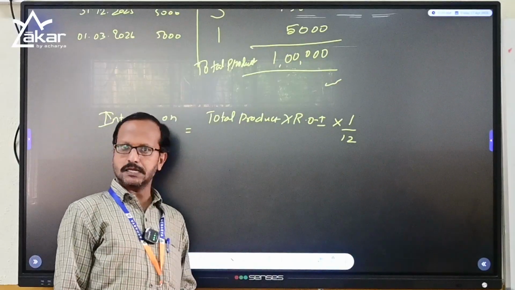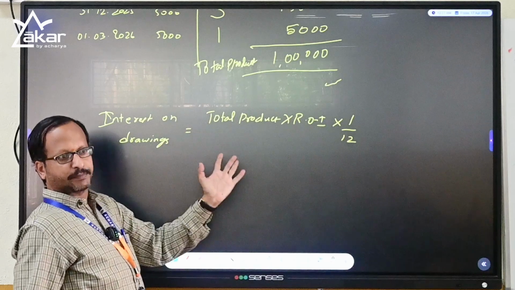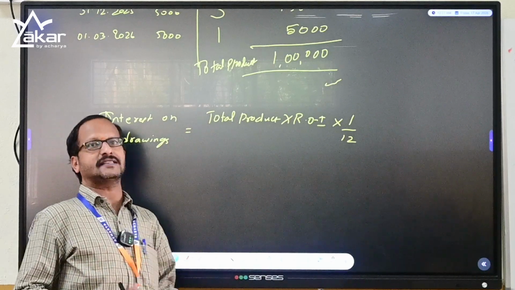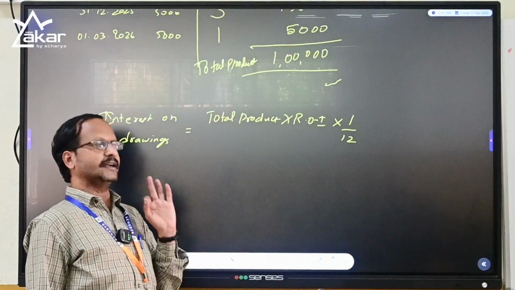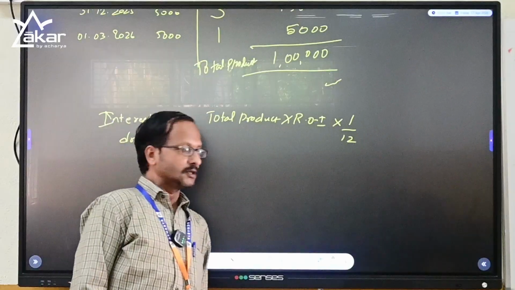What is this 12? Product, the value which we have multiplied and got in the previous step is called total product, and the rate of interest is the interest as per the agreement which he is going to pay for his drawings, and that 1 by 12, 12 is nothing but how many months are there in a year.